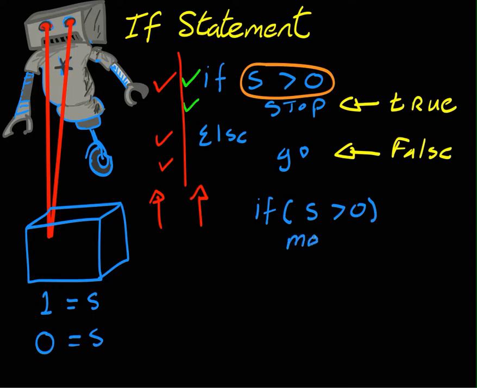So we have a variable called motor, and that will be equal to 0, because we want the motor to stop. Else, we want the motor to go. We can assign a value equal to that. Assign that equal to 1. Okay, so in this case we can have semicolons.